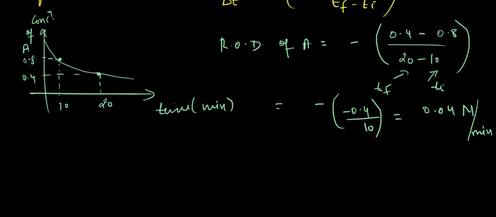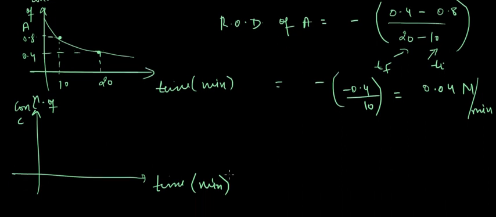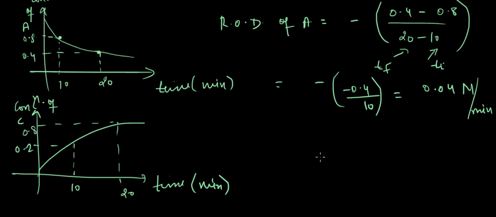Suppose we have a graph something like this of the concentration of C with respect to time. Again, time is in minutes. So at t equals 10, we have a concentration of C as 0.2, and at t equals 20, we have concentration of C as 0.8.